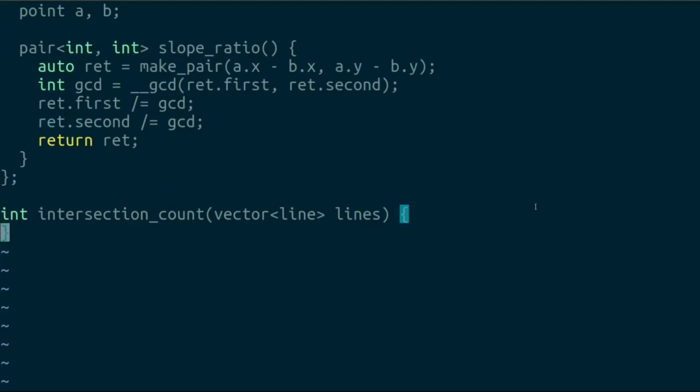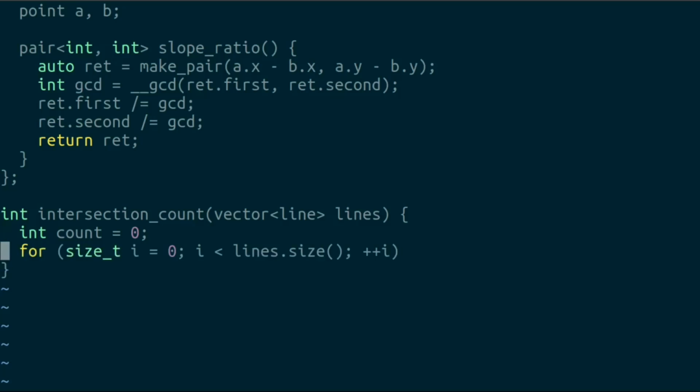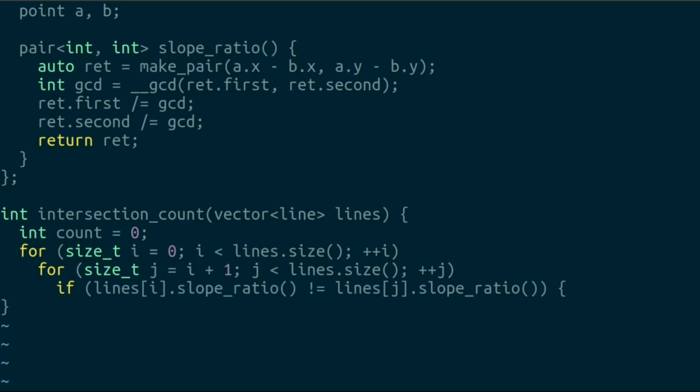To finally solve the problem and count the number of line intersections, start by setting our counter count to be equal to 0, iterate through the lines, and iterate through the lines that occur after whatever the current line is in the list. This allows us to iterate through all the pairs of lines, and then check if the slope ratios between the current pair of lines are unequal.